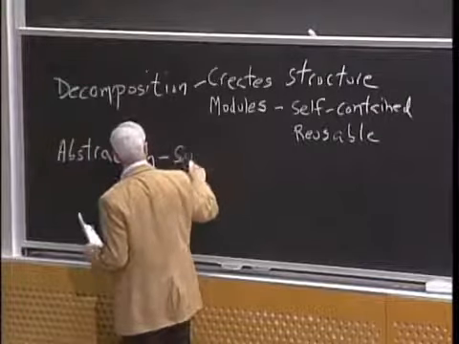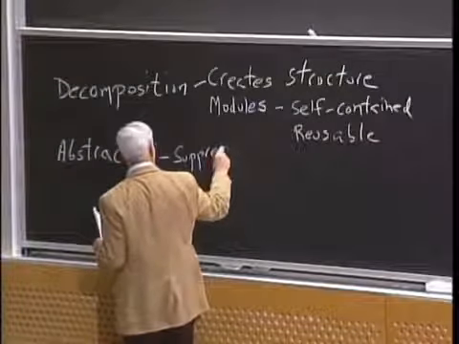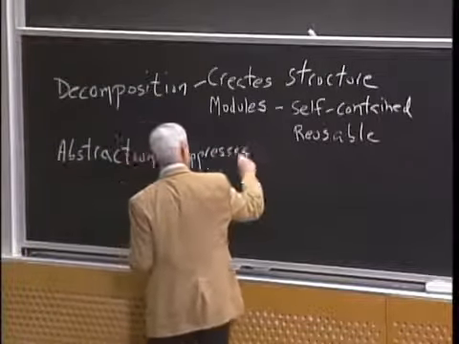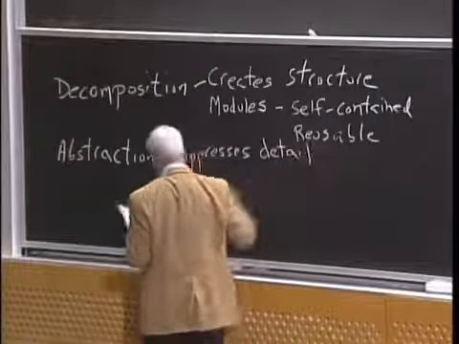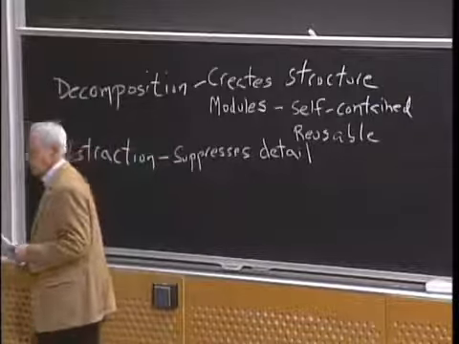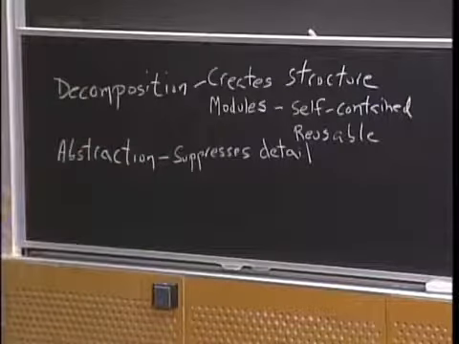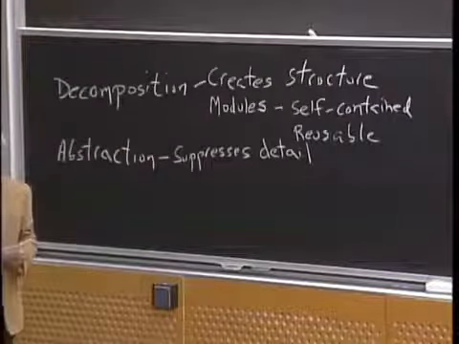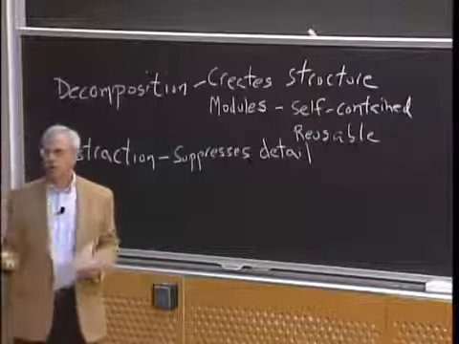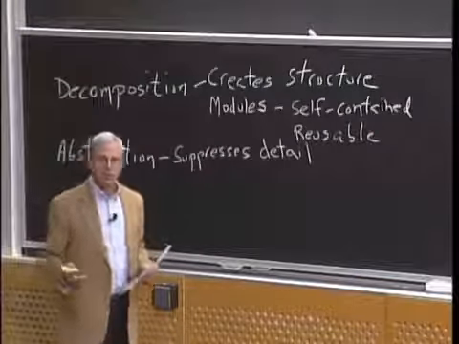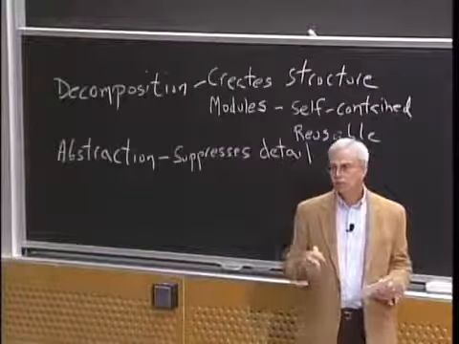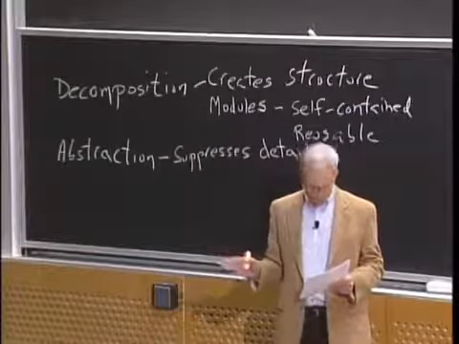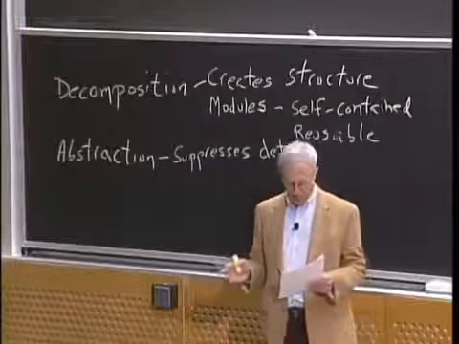Abstraction suppresses details. It allows us to use a piece of code as if it were a black box. That is, something whose interior details we can't see, don't need to see, and shouldn't even want to see.